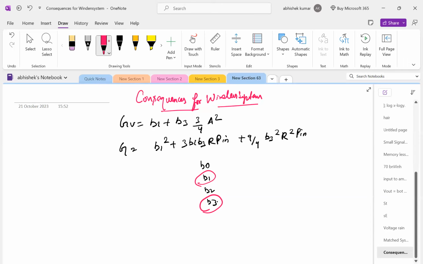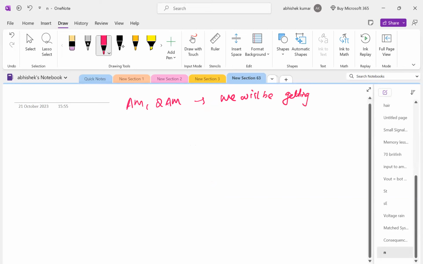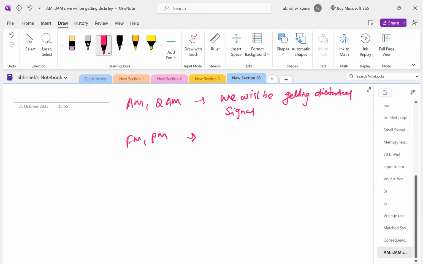In AM and QAM we will be getting a distorted signal, but in FM and PM there is no issue.